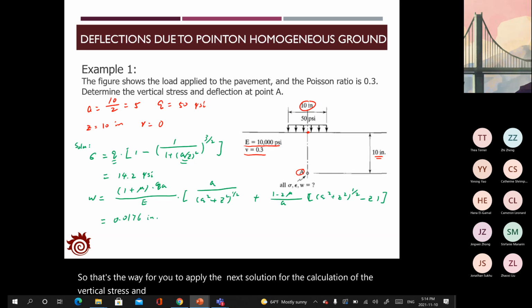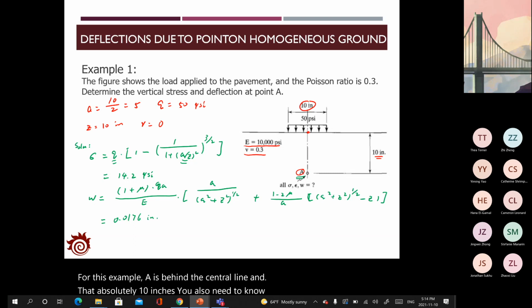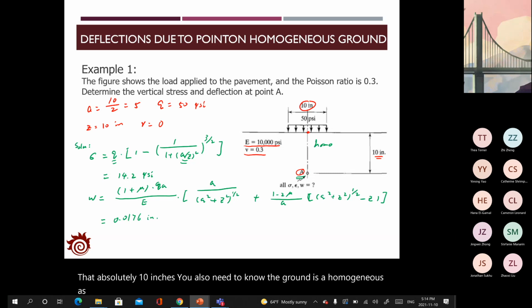In order to do these calculations, you need to know exactly where the location is. For this example, A is below the center line, and the depth is 10 inches. You also need to know the ground is homogeneous, with the elastic modulus of 10,000 psi and the Poisson's ratio of 0.3.